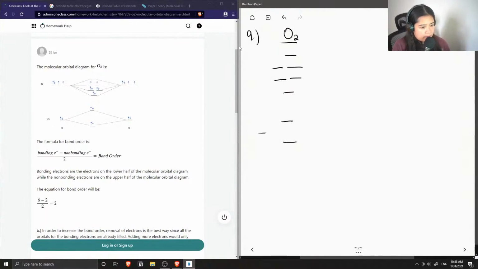This is a good molecular orbital diagram, but it's just missing some of the labels. I'm just going to quickly sketch it out.